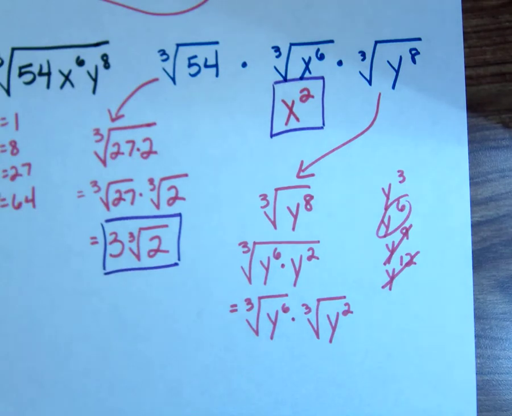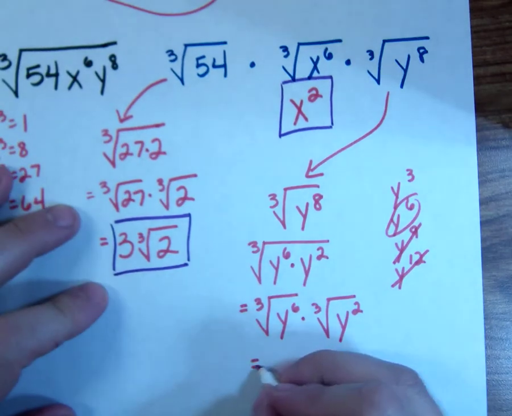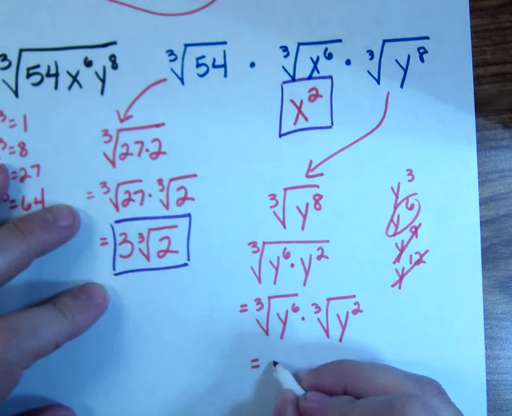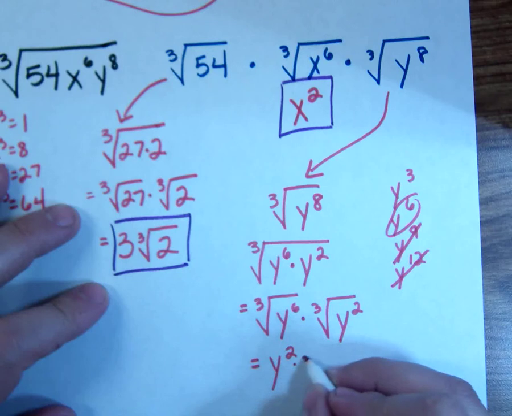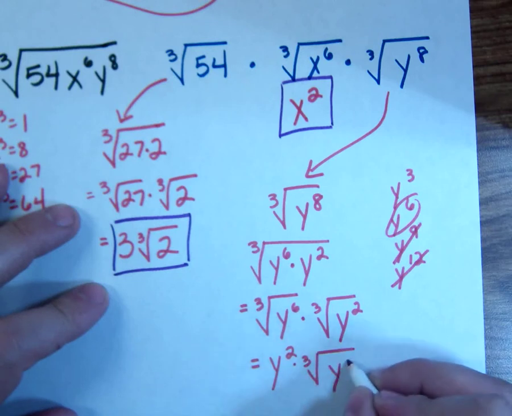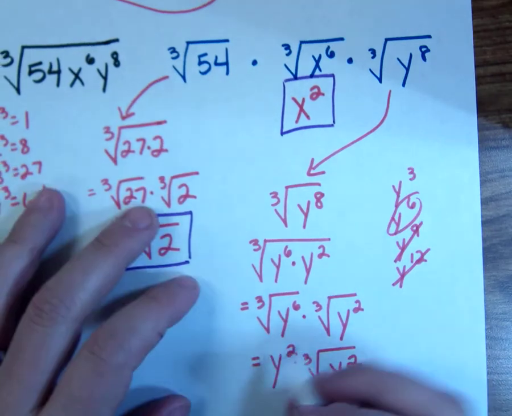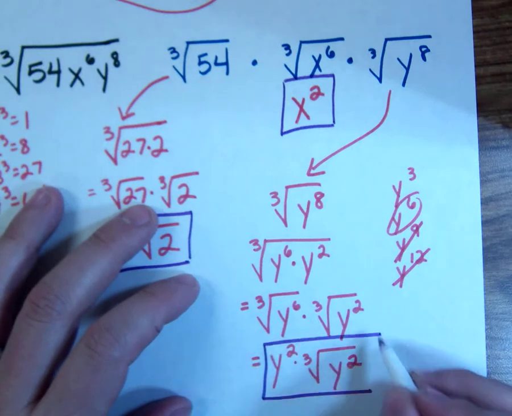Yep, what's the cube root of y to the 6th? Y squared times the cube root of y squared. Okay, success there as well.